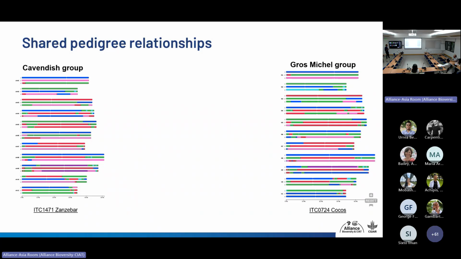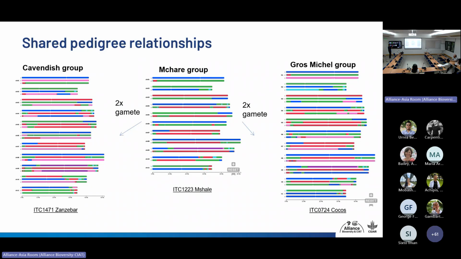They are very close. And we could see that we have another group, which is a diploid, Mshare, very popular in Tanzania, actually. And this Mshare group is actually one of the 2 parents that contributed to the Cavendish and the Gros Michel. And it is exactly the same mosaic, meaning that Mshare gave an unreduced gamete directly to create those groups.